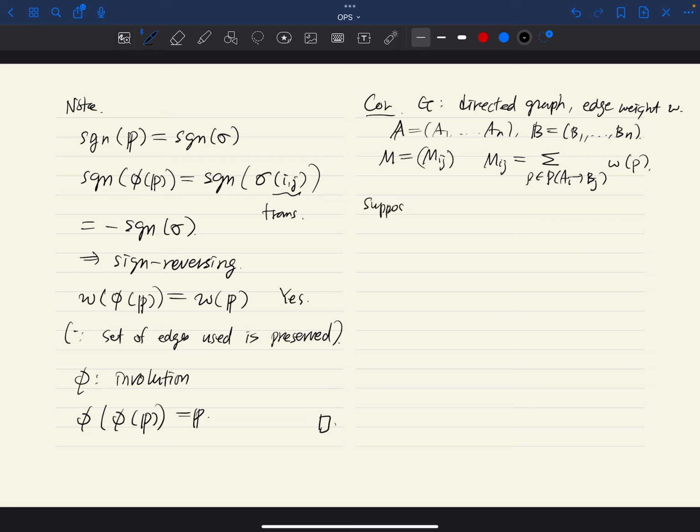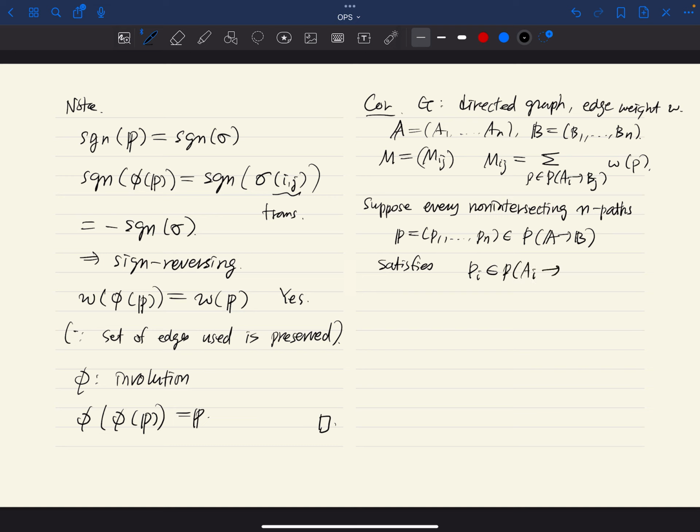Suppose that every non-intersecting path, say P, satisfies the following: P_i is a path from A_i to some B_j, but it must always be B_i for all i.